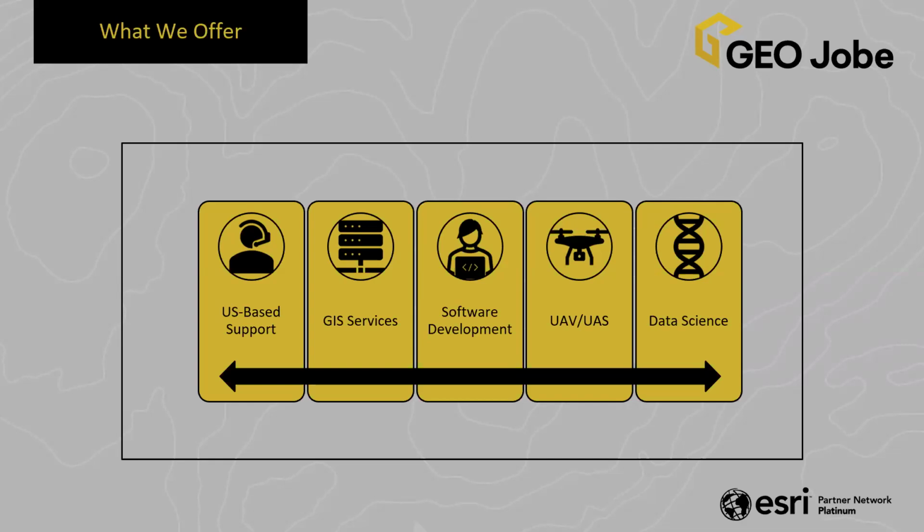We also have another division for software development. They help build out custom applications for our clients. So if we can't build it out of the box, then our software development team can definitely build it for you custom. We also have a UAV division. So if you ever need aerials flown or need something inspected, for example, we do utility inspections with drones, classification for tree canopy, and all kinds of other stuff.